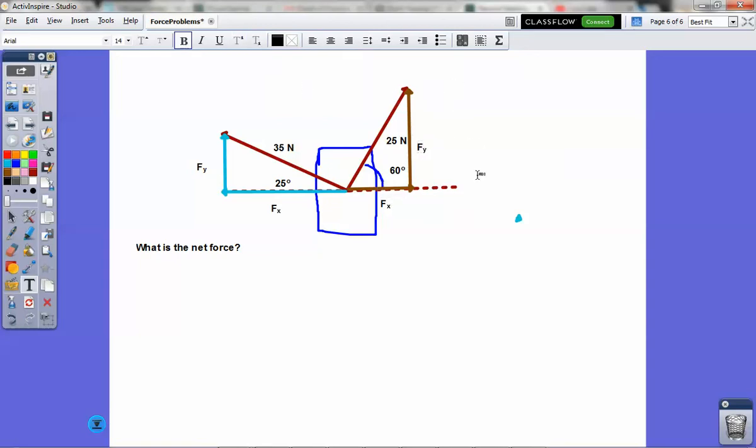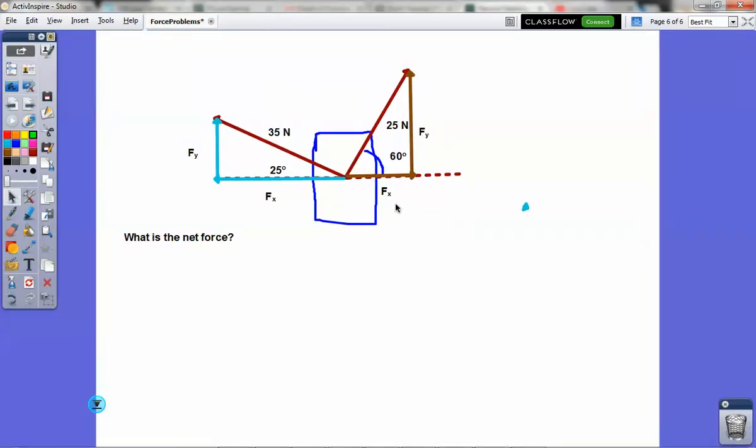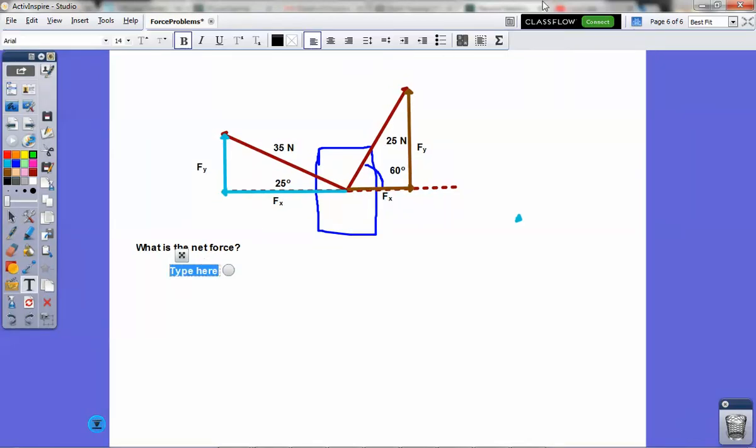So how do we go about solving this problem? Well, in order to find a net force, we would have to know how much effect each of the forces is having in both x and y directions. Because in order to find the net force, we would have to know what is the net Fx force and what is the net Fy force. So this is the problem.